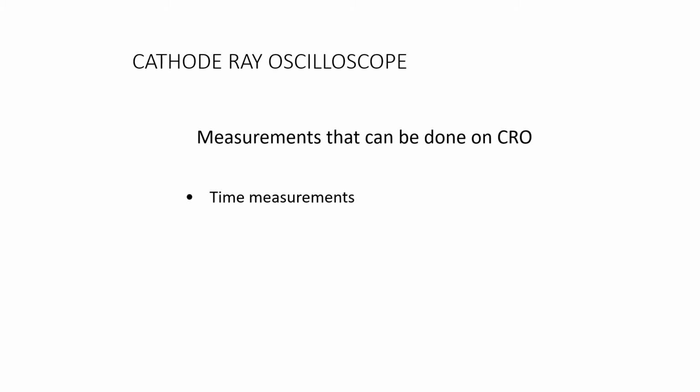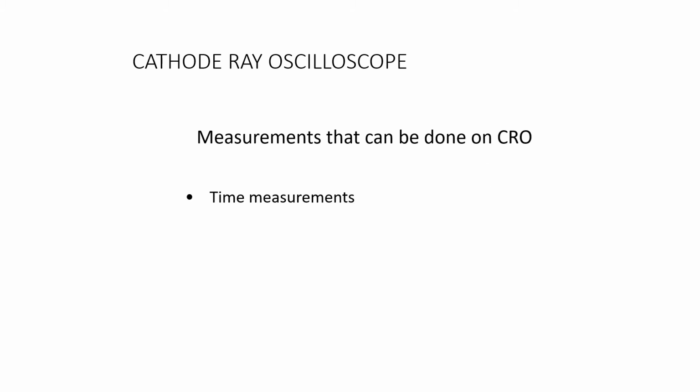We can measure pulse parameters like rise time, fall time, and pulse width, trace the signals of radio frequency, intermediate frequency, and audio frequency in radios and TVs, examine the waveforms, see a composite synchronized TV signal, antenna radiation pattern, etc. So these are the various applications of a CRO.